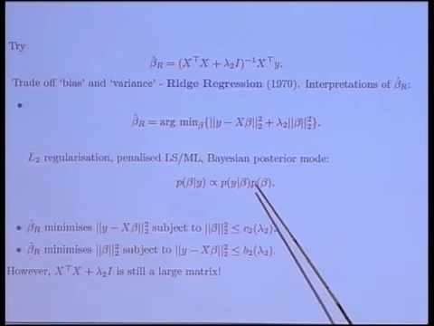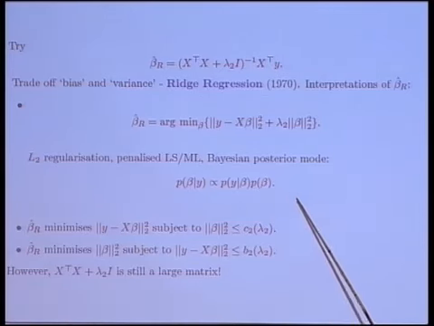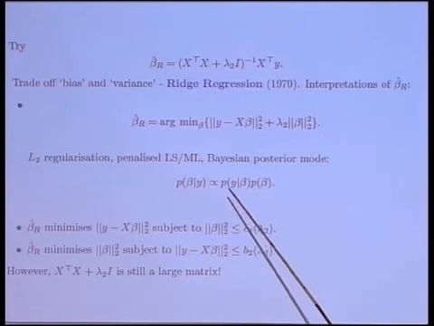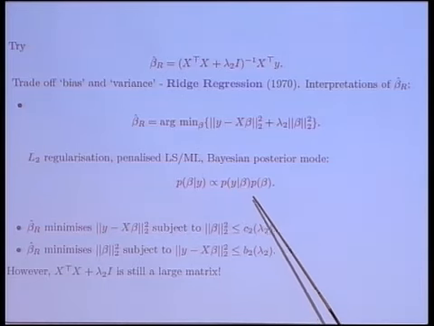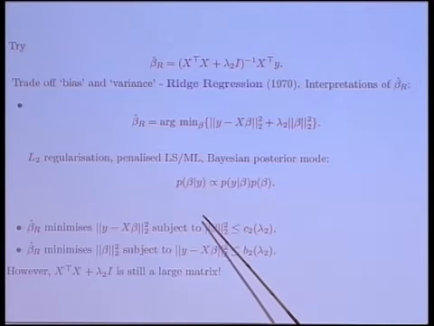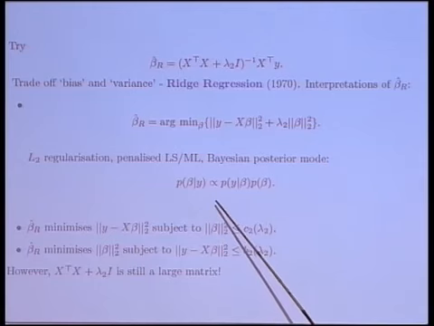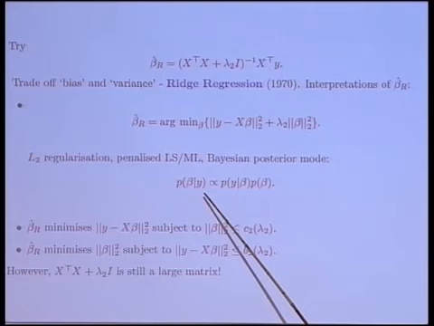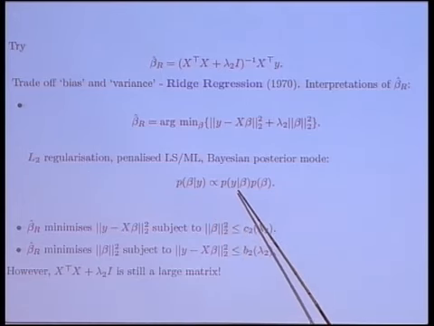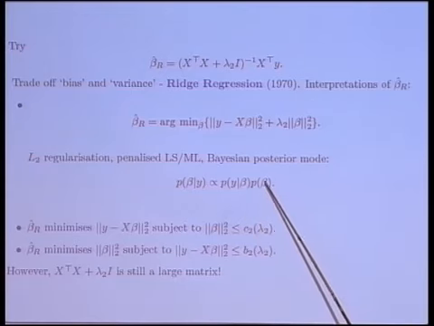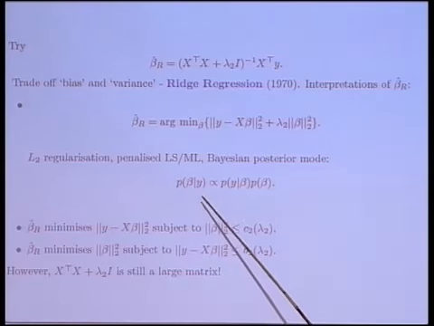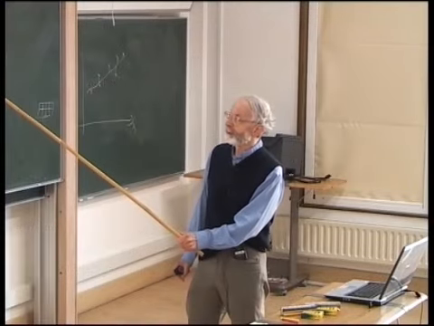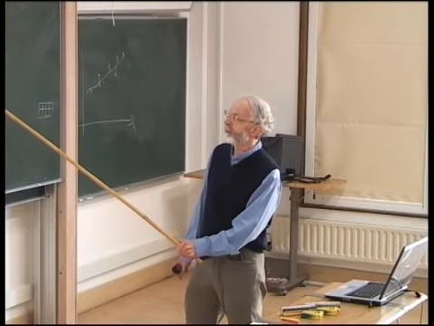Supposing that this P of beta represents my uncertainty about beta before I gather any data, I then gather my data y according to the model for y, and this is really just putting it through Bayes' theorem for getting the conditional distribution of beta given y in terms of the conditional distribution the other way around, a basic formula. And this is called the posterior distribution of beta, posterior to having done the experiment and gathered the data y. This is the prior, then with the data we get the posterior.